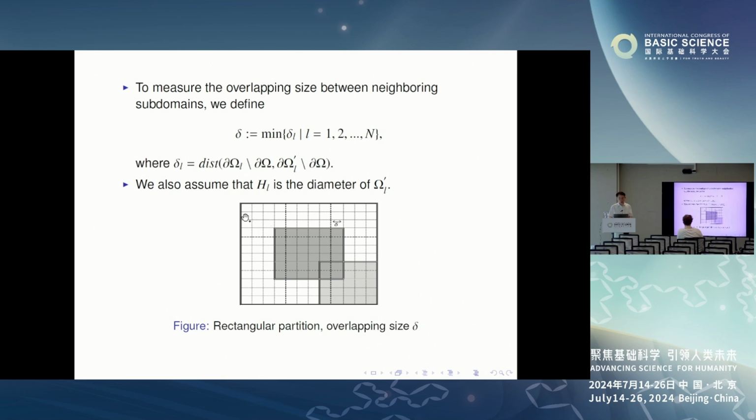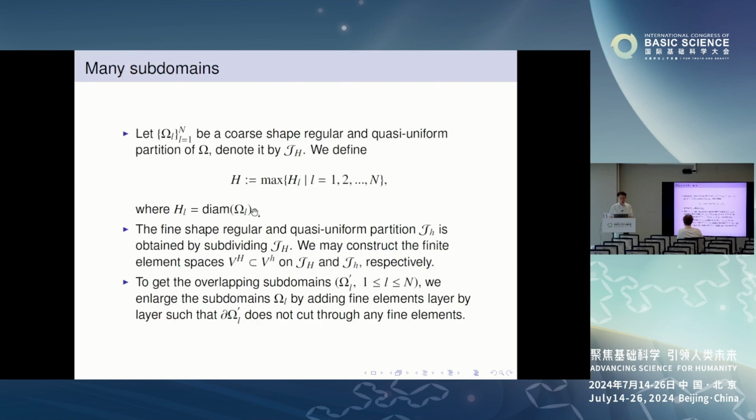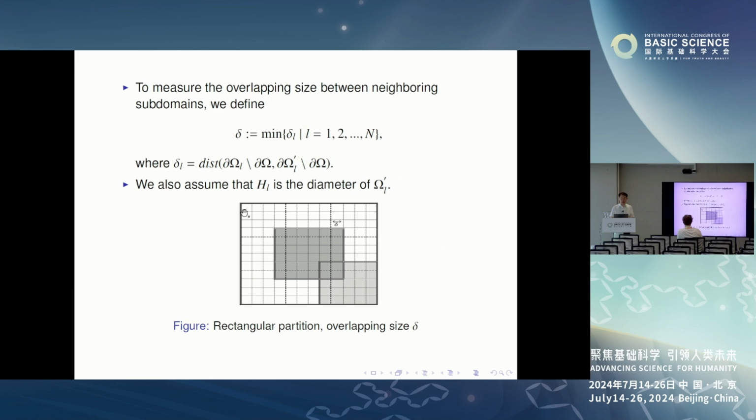This is the fine partition. Okay, that means the fine shape-regular and quasi-uniform partition T small h is obtained by subdividing this T capital H. So in this figure, this is the small one, this is a small partition.